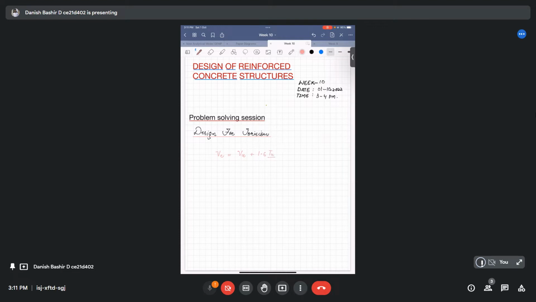You can see that in addition to the nominal shear Vu, there is an additional term, 1.6 times Tu by b. This is due to the torsional effect. Now this equivalent shear force will create an equivalent shear stress as well.